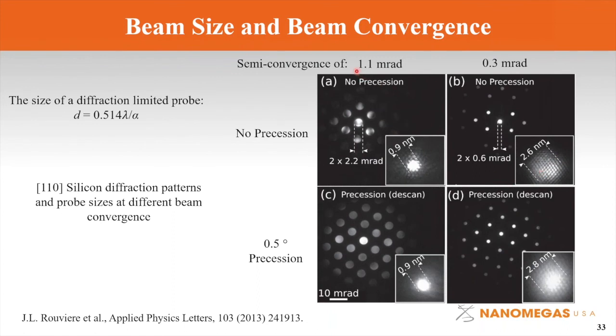If you can live with some beam convergence, increase it a little bit, you can see in real space, the probe size is a lot smaller. So essentially, you're dealing with a diffraction limited probe where the probe size is inversely proportional to the beam convergence. Now, with our algorithm, it is possible to accommodate some beam convergence and opens up possibility for higher spatial resolution.